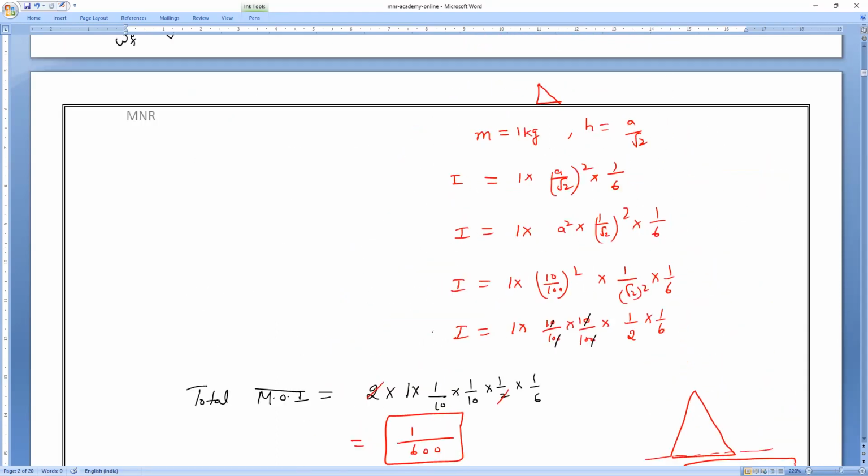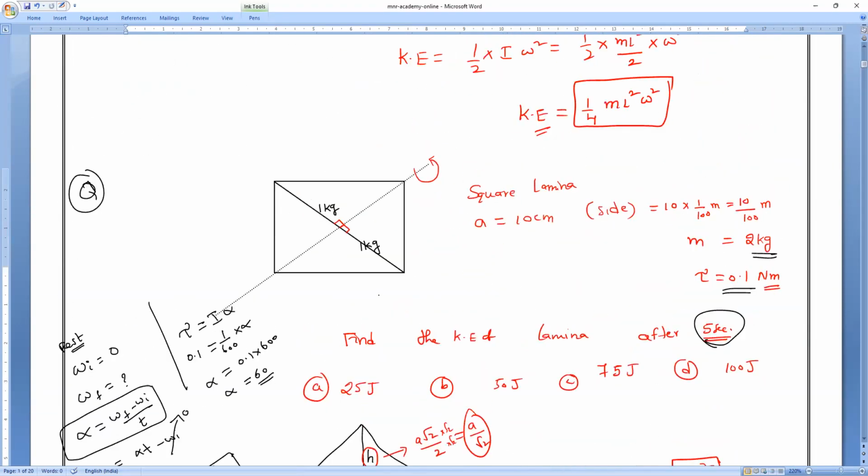So once again I'm saying, they have given a square lamina where the axis of rotation is passing through the diagonal. If it is passing through the diagonal, it will split the square lamina into two equal triangles.